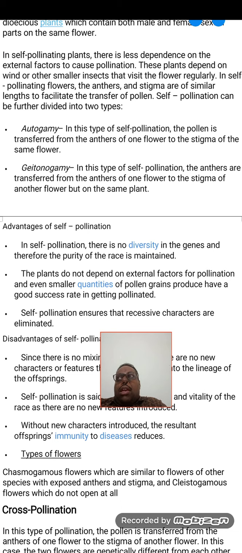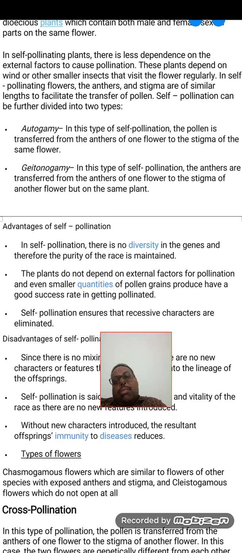When we talk about plants fertilizing by self pollination, we can see two types of flowers. One type of flower is opened, which is known as chasmogamous, and one type of flower never opens, which is cleistogamous. That means male and female parts are present inside and the flower is closed.